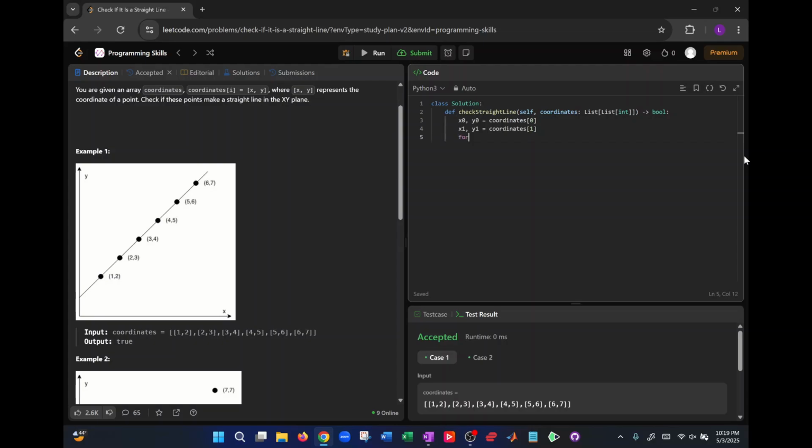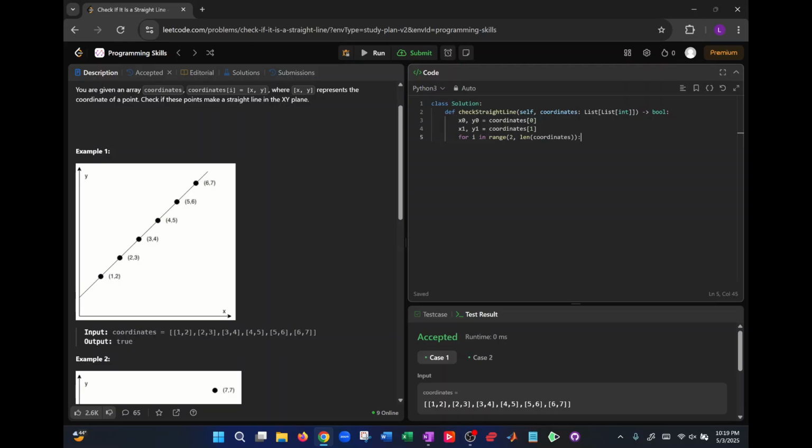Okay, so then for i in range, we're going to go from 2 all the way to the end of the list. So we want to check all of the other coordinates. We want to include the final entry of coordinates, and the index of the final element of coordinates is precisely the length of coordinates minus 1.